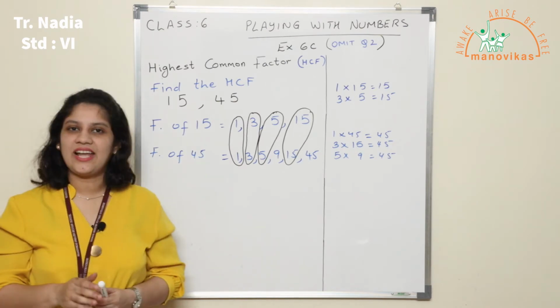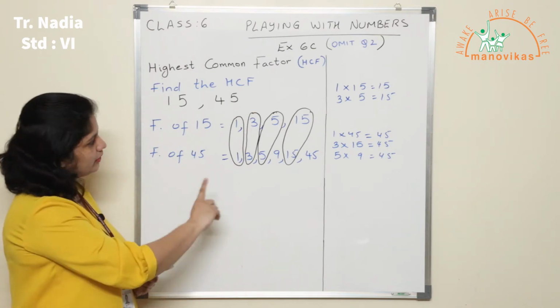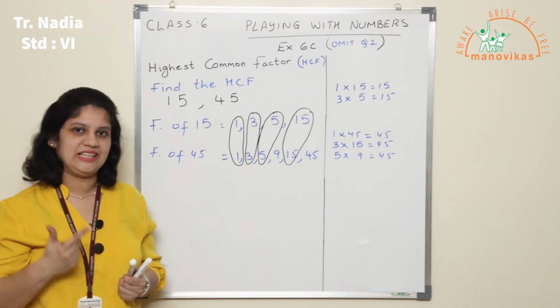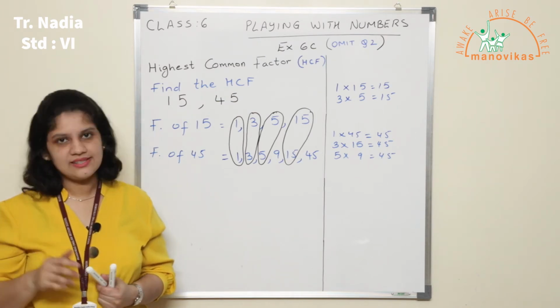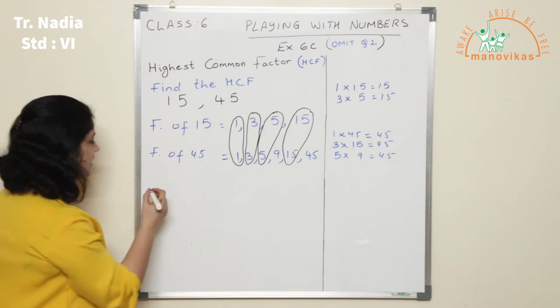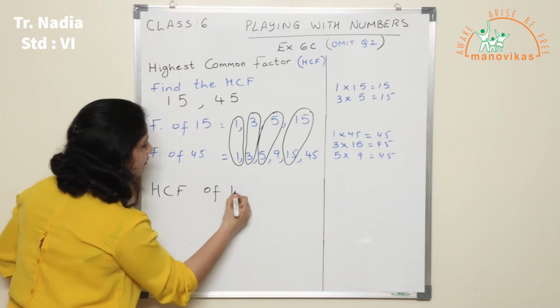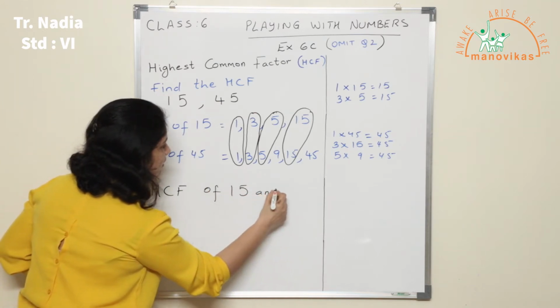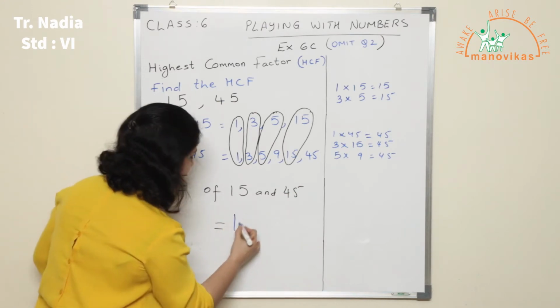But I need the HCF. I need the highest common factor. So out of these 4 factors, 1, 3, 5 and 15, which is the highest number? It is 15. So I can say that the HCF or the highest common factor of 15 and 45 is 15.